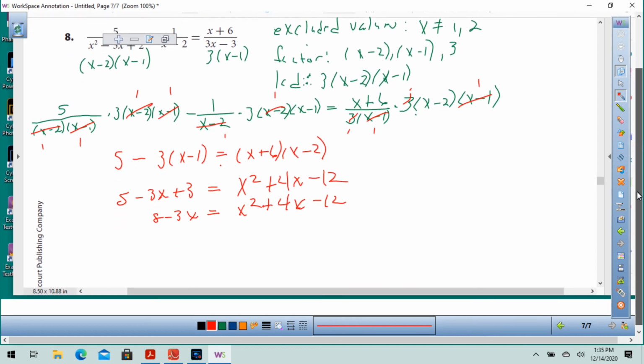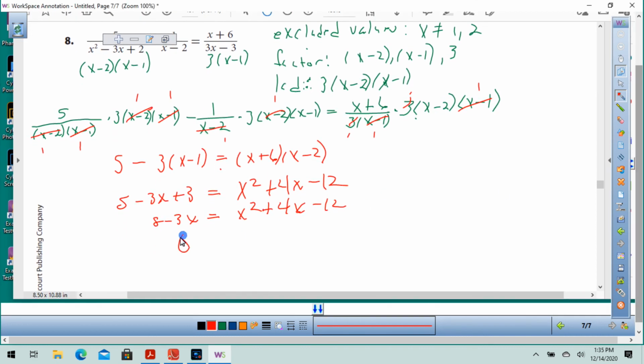The next thing I want to do is move everything over. So I got 0 equals x squared, minus 3x, so I'm going to add 3x, that's going to be plus 7x. 8, I'm going to subtract.